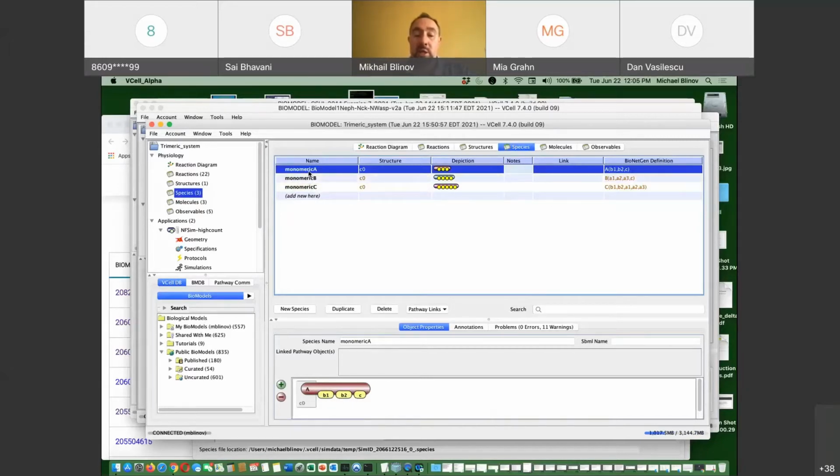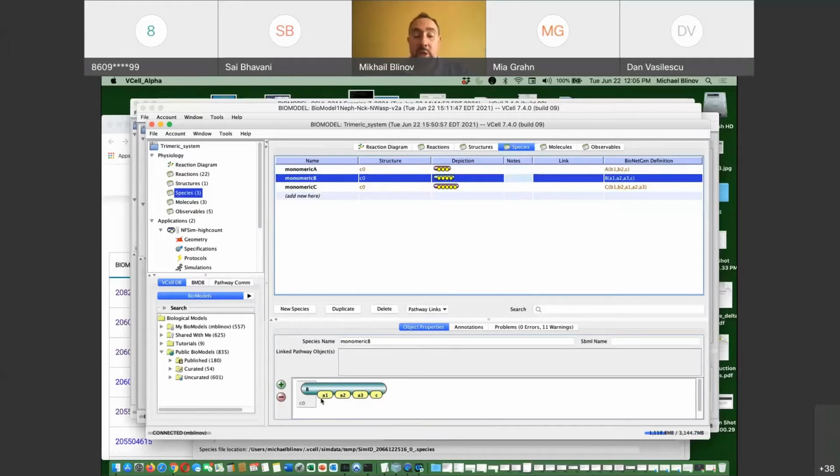So A can bring two molecules B and one molecule C. Each of the molecules B can bring more molecules A, say this one sits here and there are two more molecules A, and then C and so on. So this system is basically not understandable by a human being. What will happen if you start messing with these molecules?